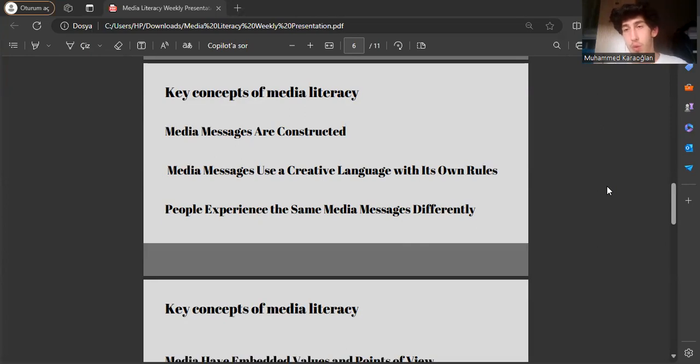For instance, one person can view a reality show differently from another because they might know the actor from previous series or movies.